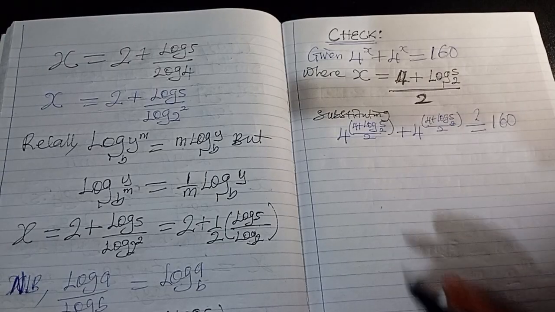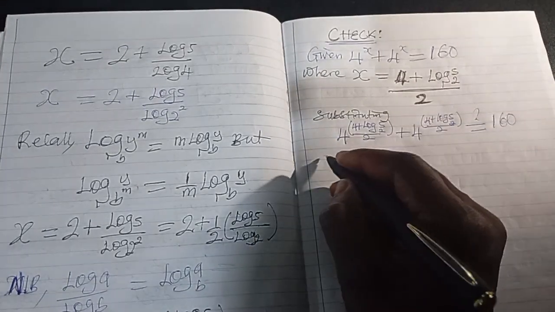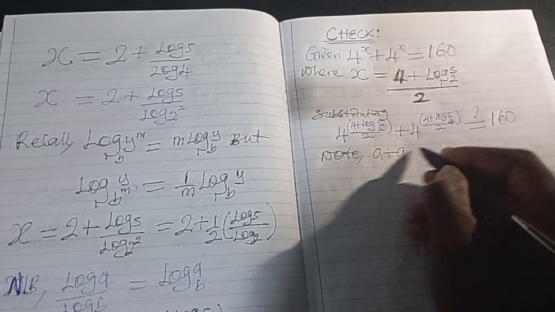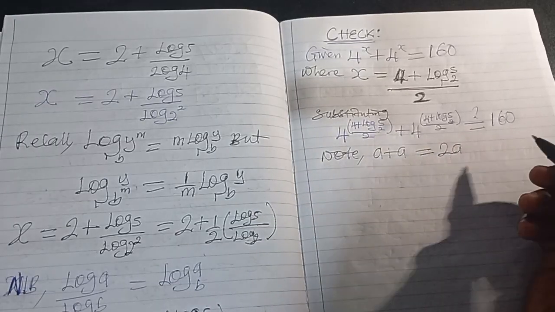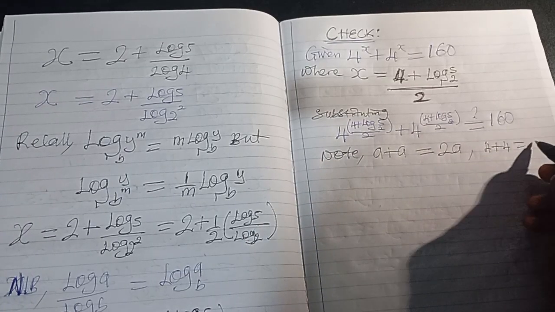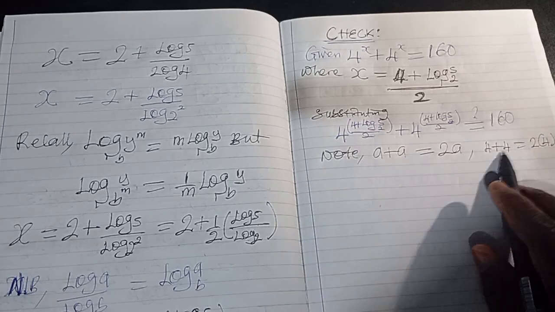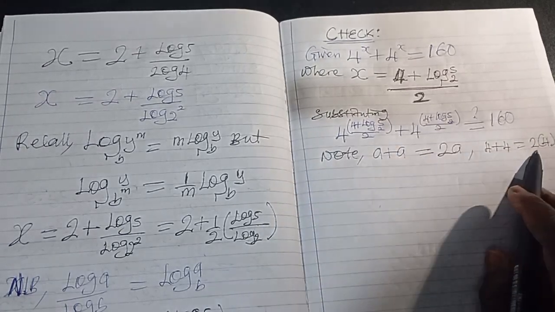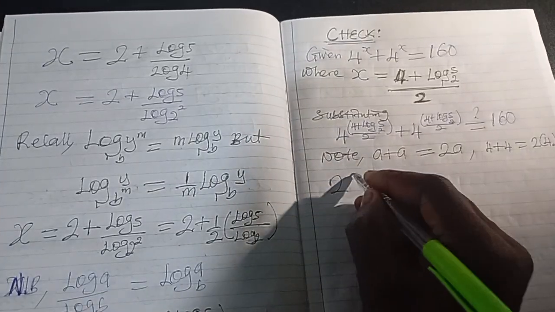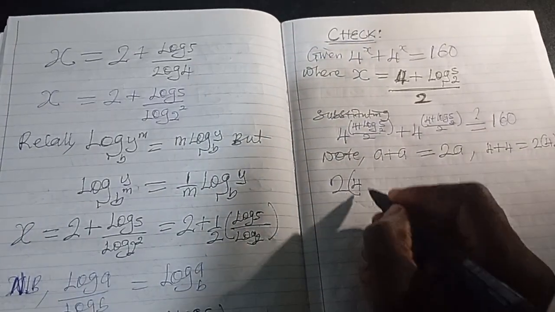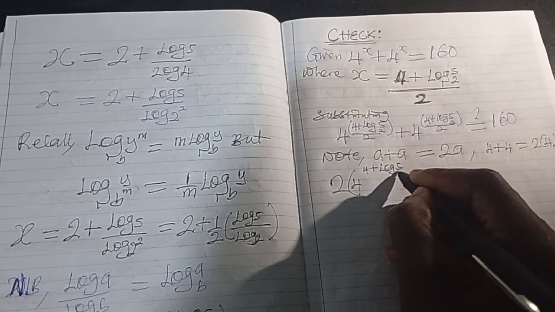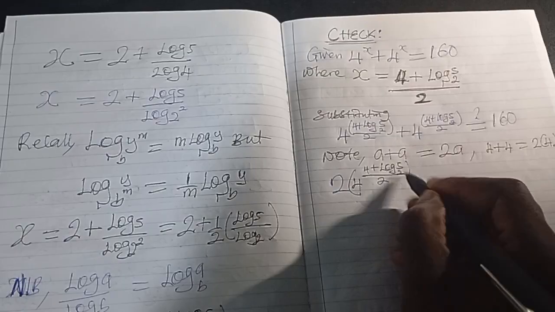Let's further simplify. Recall, A plus A is equal to 2A. So 4 plus 4 is the same as 2 times 4. So we express the two terms by taking out 2. I can have 2 times 4 raised to power (4 plus log 5 base 2 divided by 2).